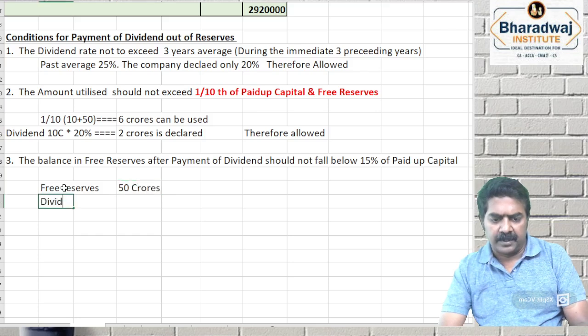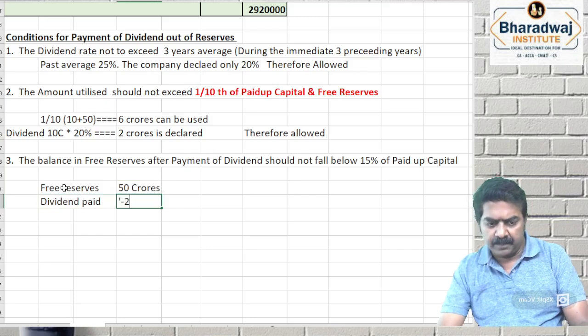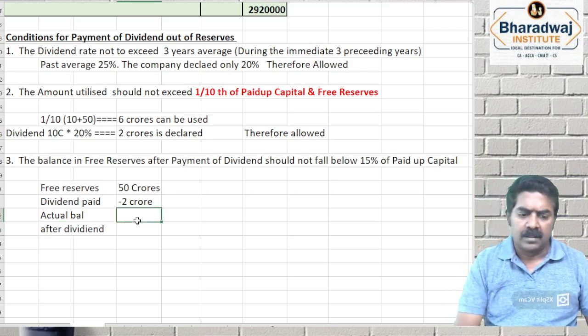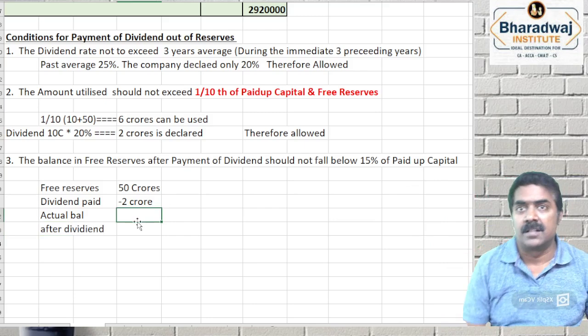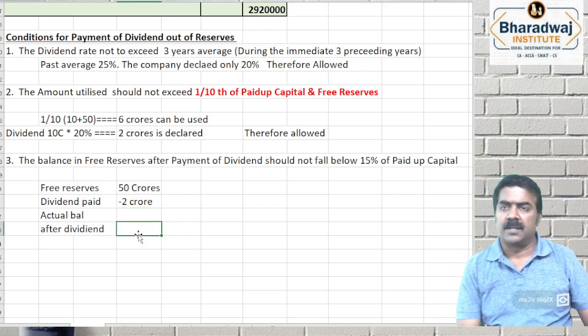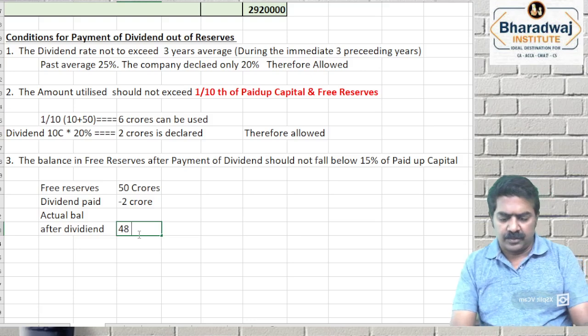How much dividend are you paying? 2 crore you are paying. So the actual balance after dividend. Current year loss, then if there is past accumulated loss, adjust it. Ignore the current year loss. Doesn't matter. It will be 48 crores.